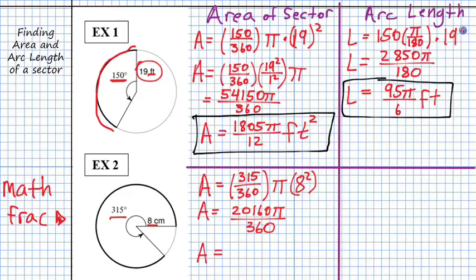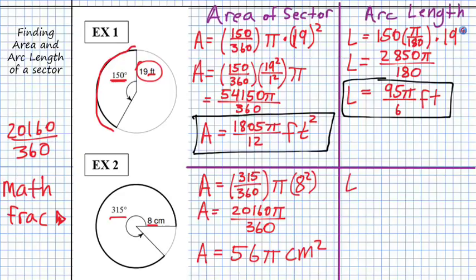After you plug this in the calculator, if you put in 20160 over 360 into your calculator, and then you press enter, and then you press math frac, it should convert it into the lowest possible fraction form for you. So don't waste too much time doing this. In this case, it's a whole number, so you won't even necessarily have to do that. So you get 56 pi centimeters squared.